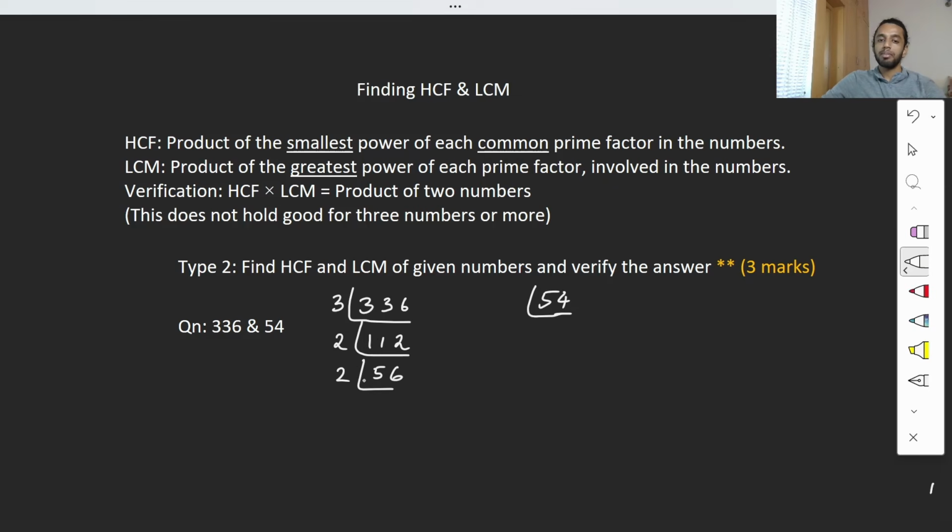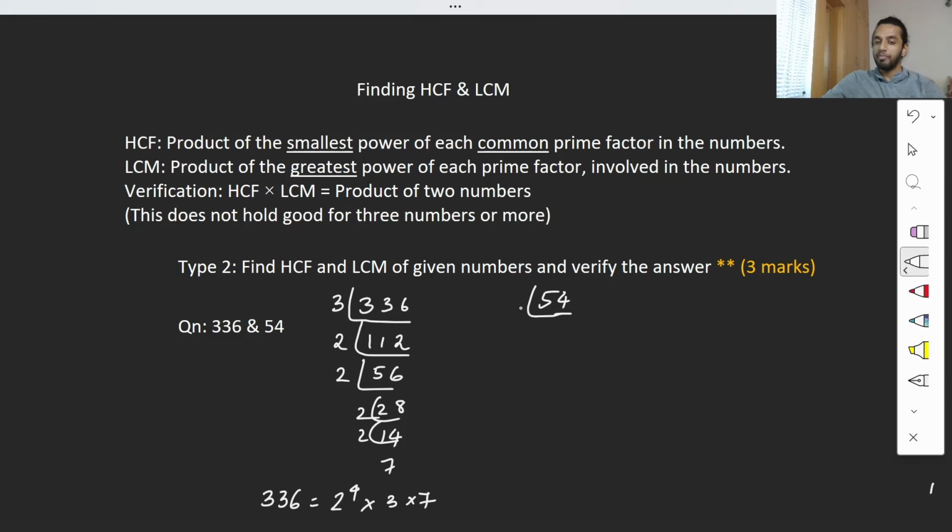Again it is divisible by 2: 2 2s and 2 8s. Again it is divisible by 2, 14, and again it is divisible by 2, 7. So this 336 can be written as 2 power 4, there are 4 2s here, so 2 power 4 times 3 times 7.